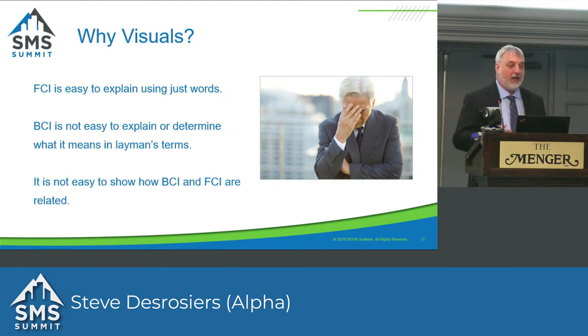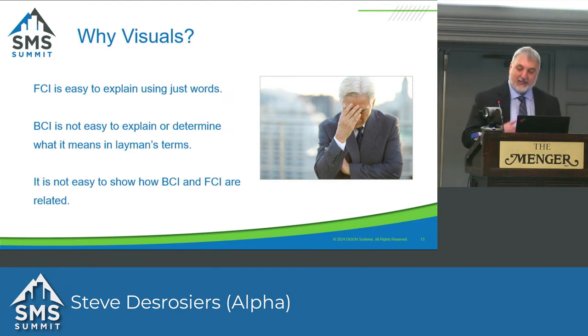And one of our clients said, we've explained FCI to our upper executives, and now I've got to explain BCI, so help. How can we explain BCI to a senior executive who doesn't get the chance to come into this great conference and learn what BCI and FCI are? So that started a 2-year odyssey where we were jousting with windmills trying to find some good graphics.